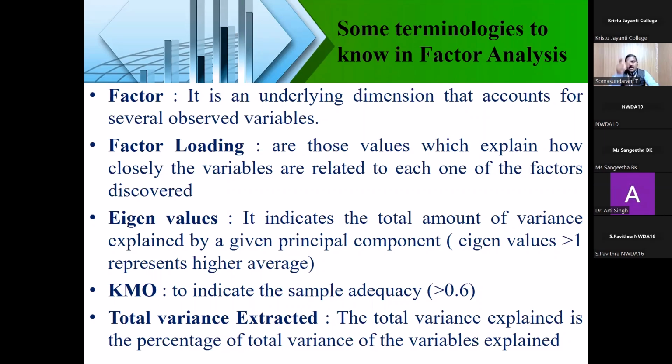That shows the number of factors. For example, I entered 80 variables. After executing the factor analysis, the eigenvalue table shows that components 1, 2, 3, 4, 5 have an eigenvalue of 1 or more. That means your 80 variables can be put under 5 factors. So the eigenvalue determines how many factors you will get.